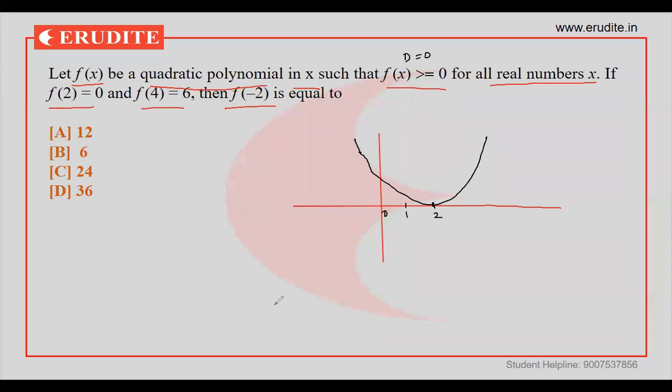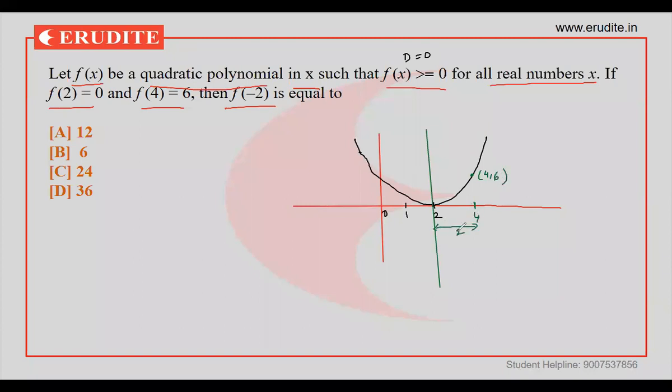Fine. Now guys, we know that it is going to be symmetric with respect to its root, like this. Whatever the value on the right hand side, it will be on the left hand side, symmetric to this line. So guys, it is given that when the x is 4, the value of fx is 6. 4 is how much unit far from the 2?